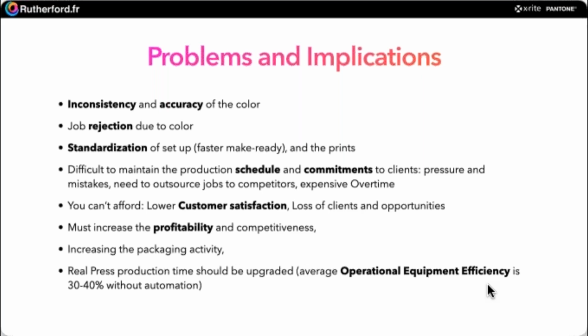And also remember, each press reacts differently. A Heidelberg SM74 in Indonesia is not going to react the same way as a Heidelberg SM74 in Mexico, and that is not going to react the same as a Heidelberg SM74 in Quebec City, in Montreal. So let's think about standardization.